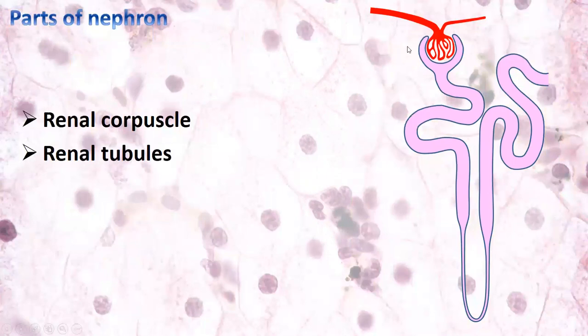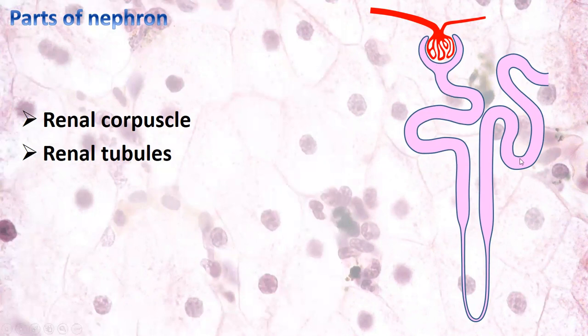So nephron has two principal parts. It's renal corpuscle or renal body, and renal tubules. Here we can see renal tubules. So the beginning of nephron is renal corpuscle, and it's continued by renal tubules. Corpuscle and renal tubules both are formed by epithelial tissue, and there is a common cavity, which begins as the cavity of Bowman's capsule, and it's continued inside renal tubules.